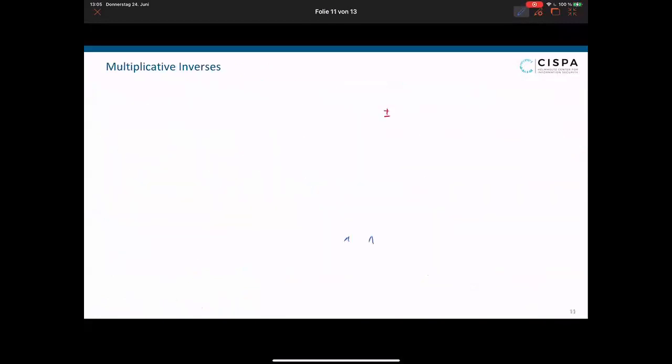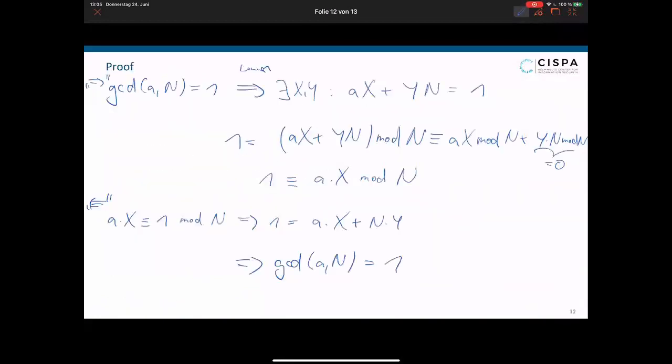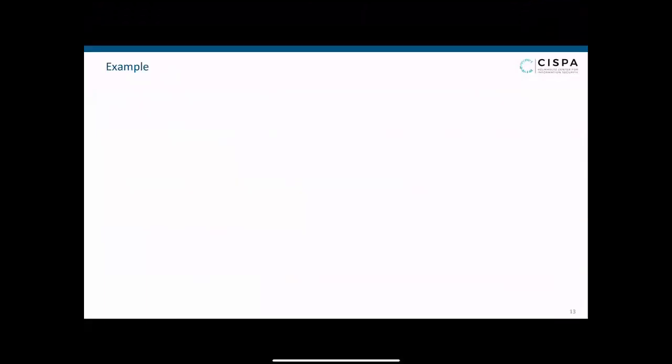And just for fun, let's do that real quick. Let's go over the extended Euclidean algorithm. Let's say we would like to find 21 inverse modulo, let's say, 29.